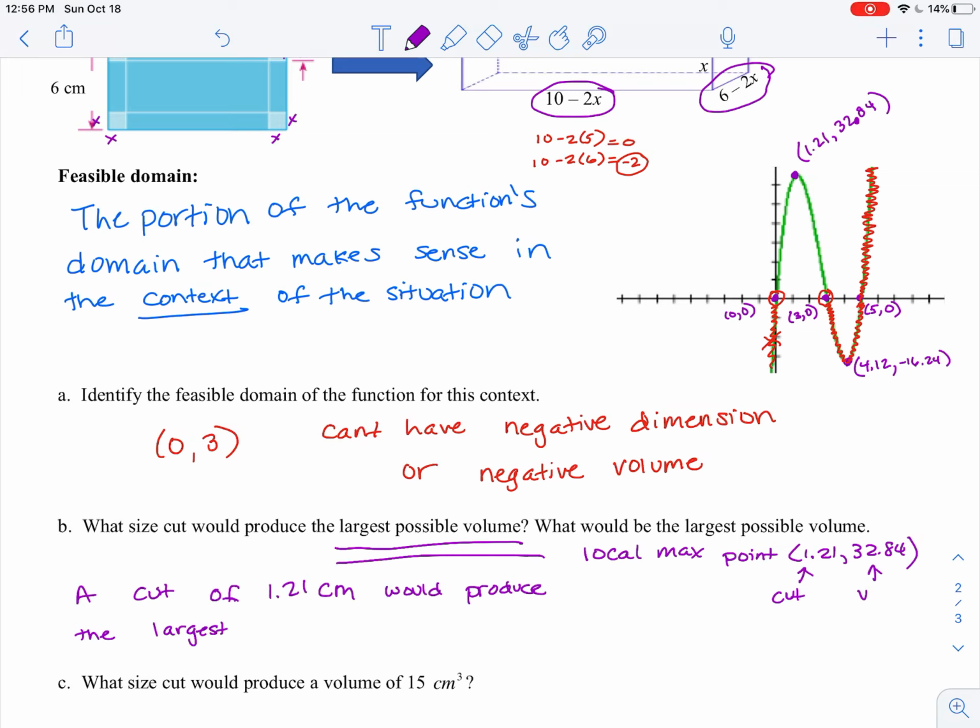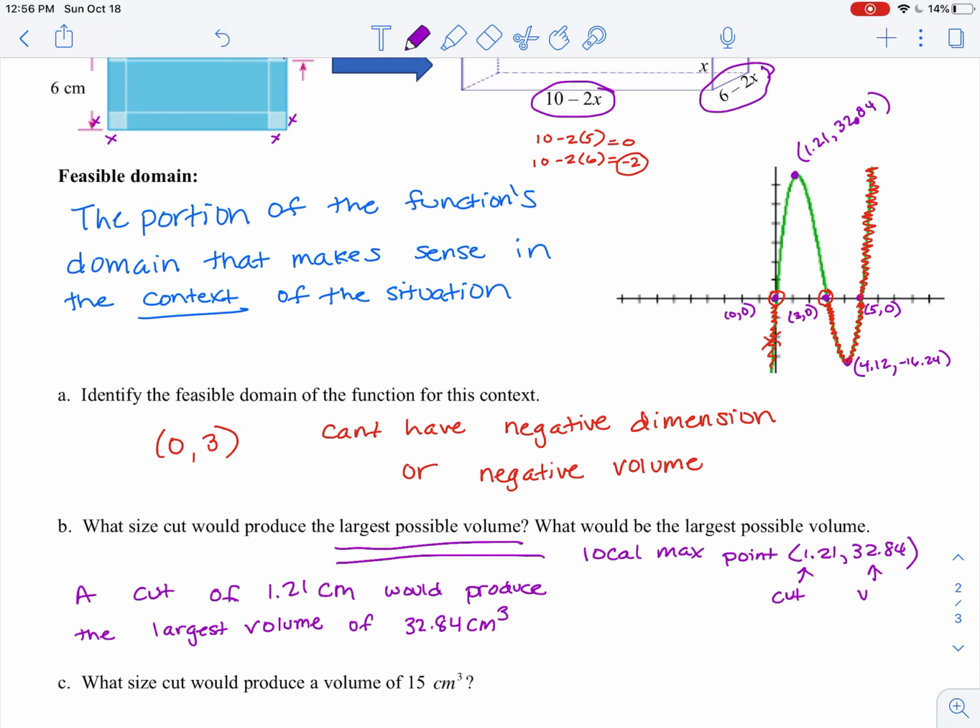And the largest volume would be 32.84 centimeters squared. Centimeters cubed. I think I said centimeters squared before too. Centimeters cubed. Okay, so we found where the largest possible volume would be and what size cut would create that.